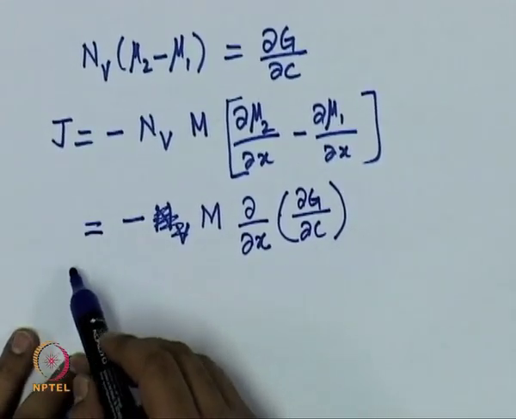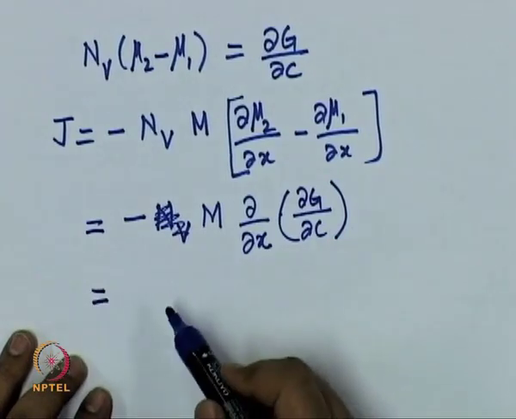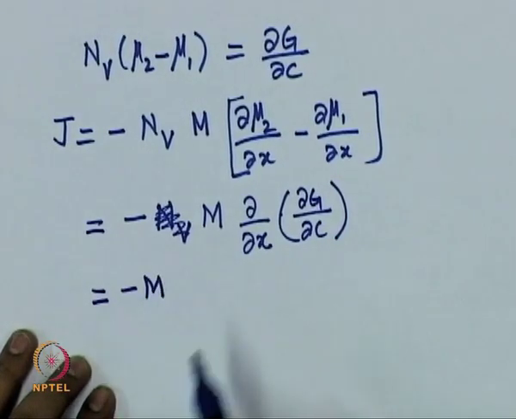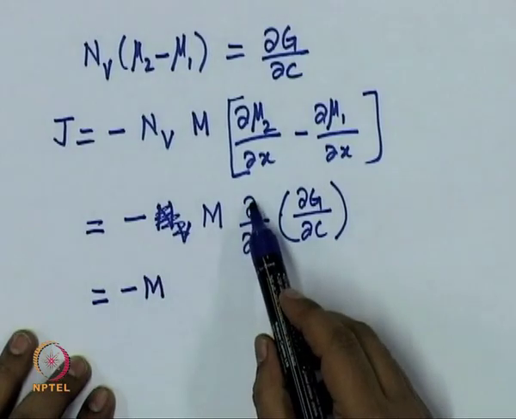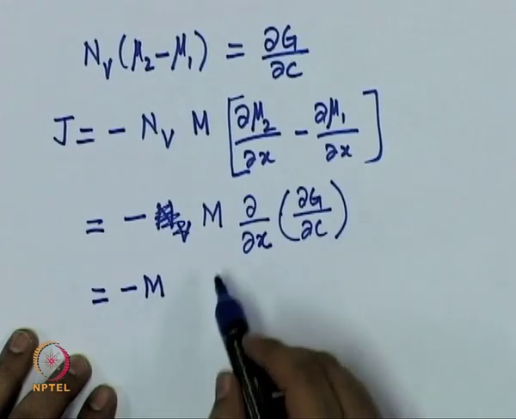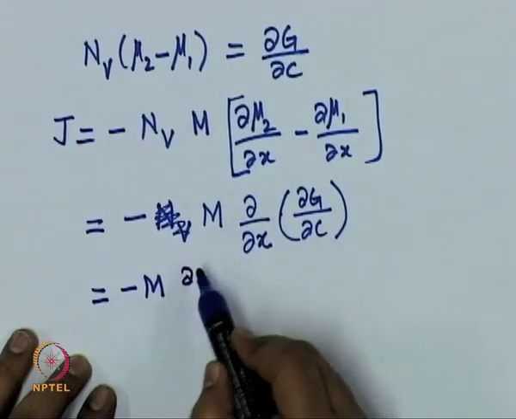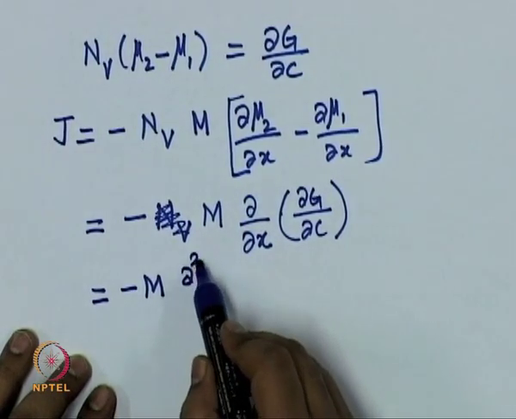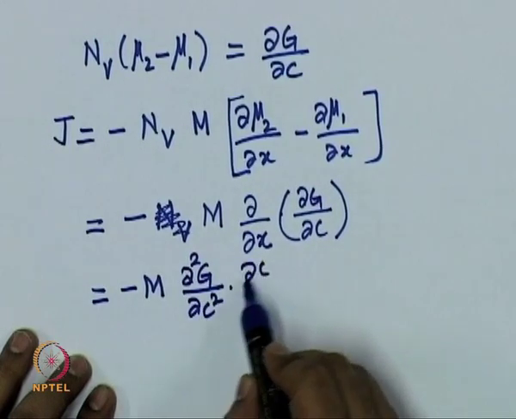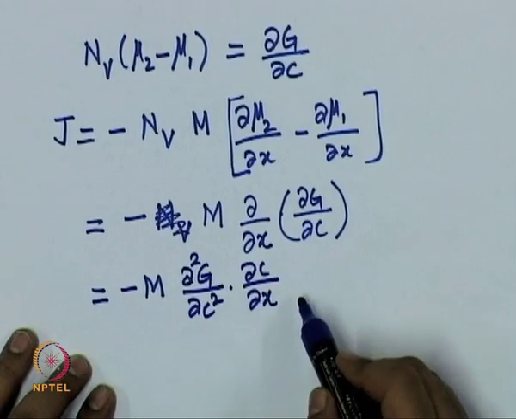So, I am going to do one more manipulation. So, minus M, this is ∂/∂x of ∂G/∂C. I am going to write that as ∂²G/∂C² times ∂C/∂x.